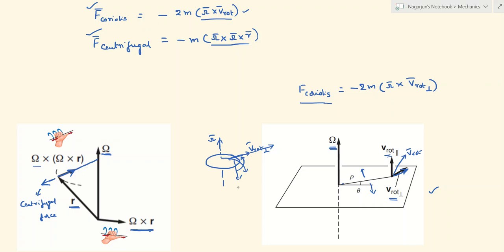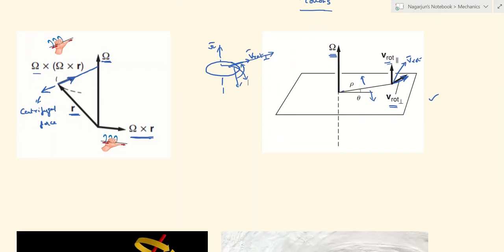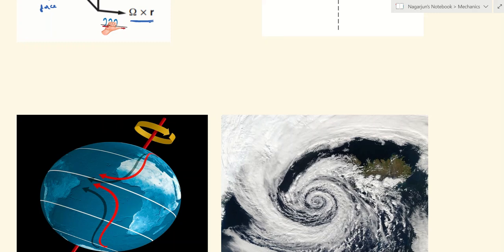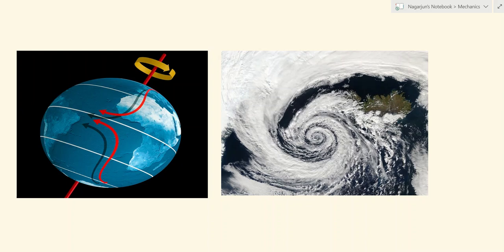For a clear understanding of how it happens, I will shortly present you a video. But before that, we can understand that this very Coriolis force is responsible for the northeasterly winds. Even though the massive winds start from the North Pole, by the time they reach the equator, it appears as if they are coming from the northeast.